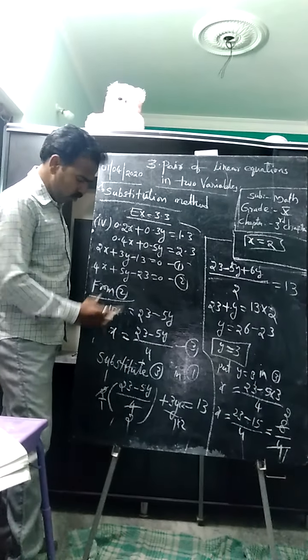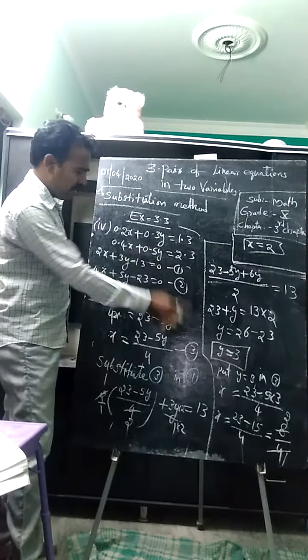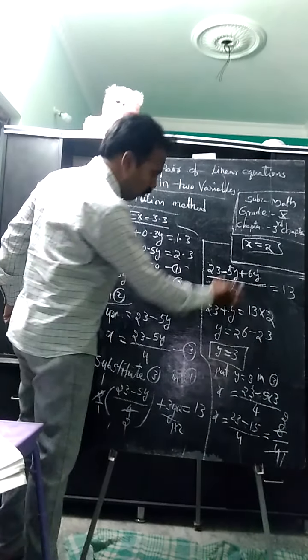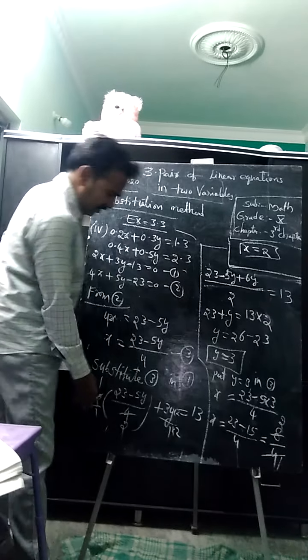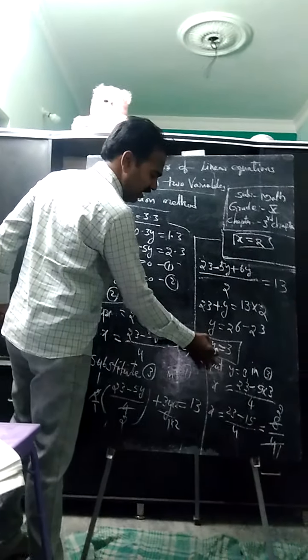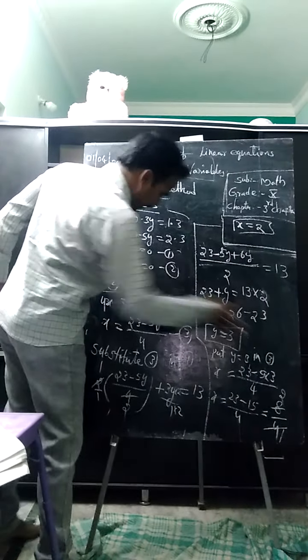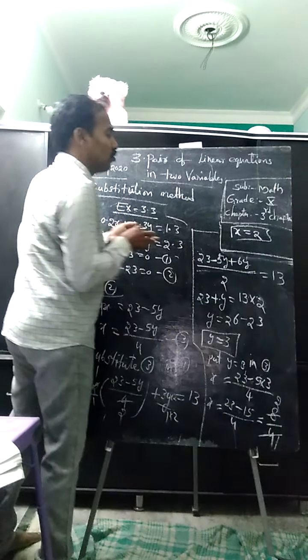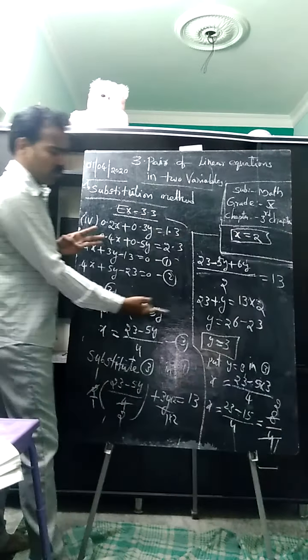We have the third equation, put it in 1, because reversely we have to do. Then we got one linear equation in one variable. Solve it. y value 3. Put y equal to 3 in the third equation. We got x value as 2. So we got the solution, that is x equals 2, y equals 3.